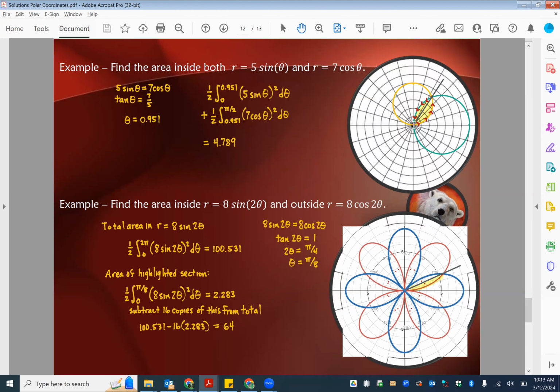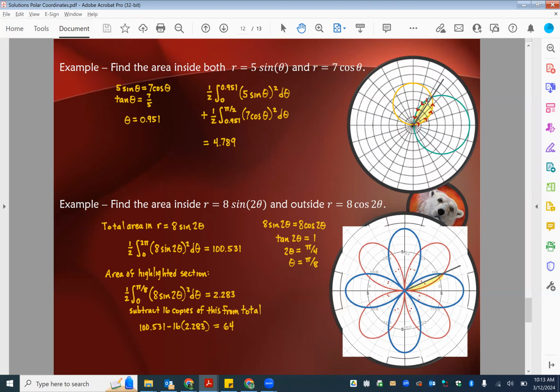You start at 0 and rotate around this shaded region. It appears that the yellow curve, the sine circle, is the outer curve if you imagine drawing spokes through here, up until the intersection point where we cross over.